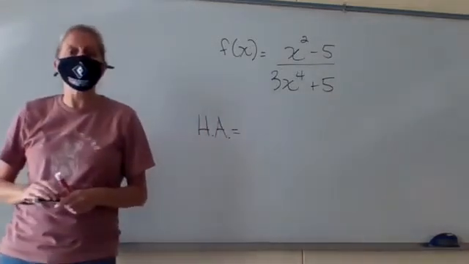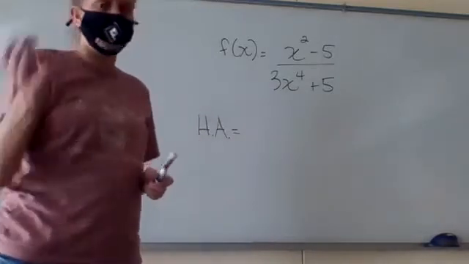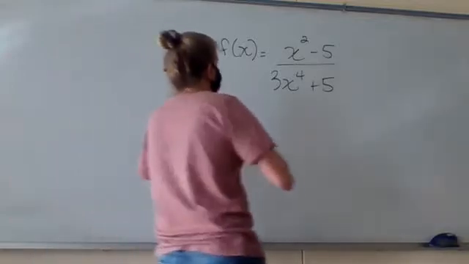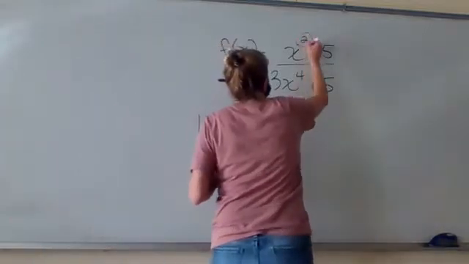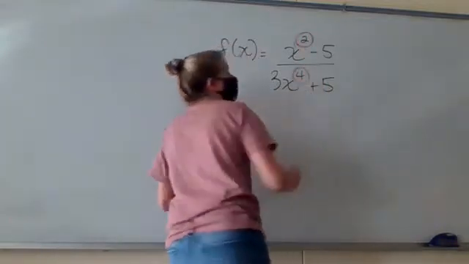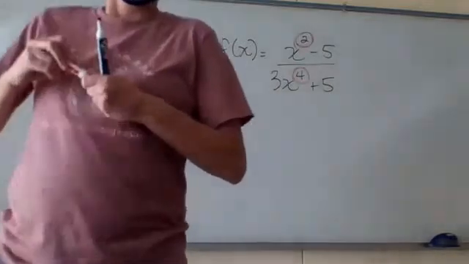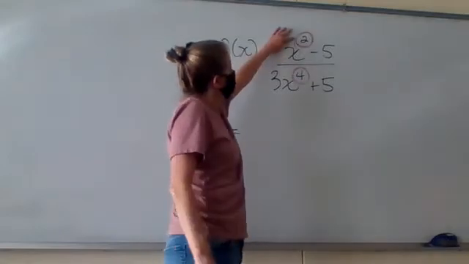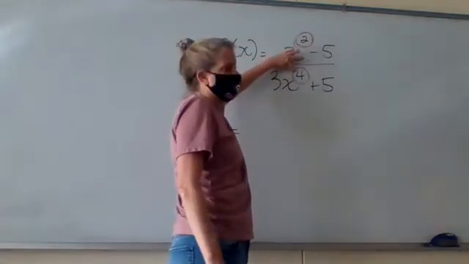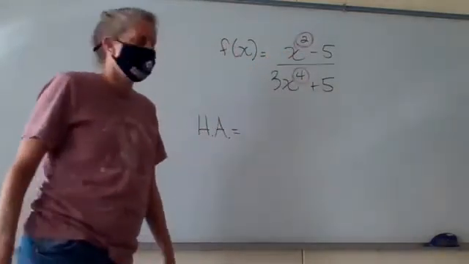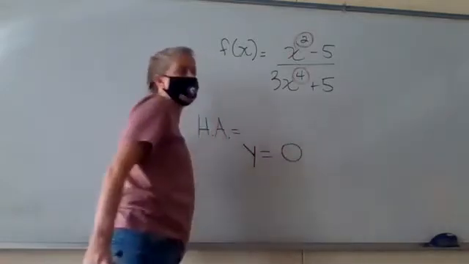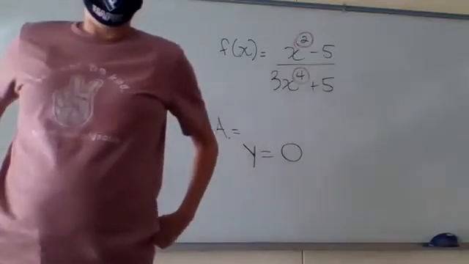That's when you're looking at the degree of the numerator and comparing it to the degree of the denominator. So looking at the degrees, that means the highest exponent. So we're comparing the 2 and the 4. So what we're seeing is that the degree of the numerator is less than the degree of the denominator. That automatically means your horizontal asymptote is at y equals 0.